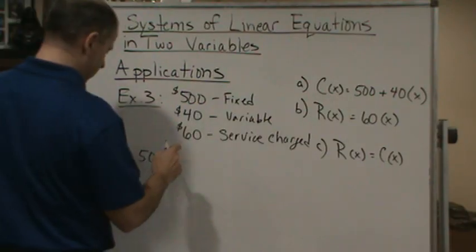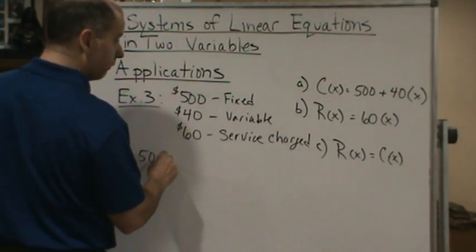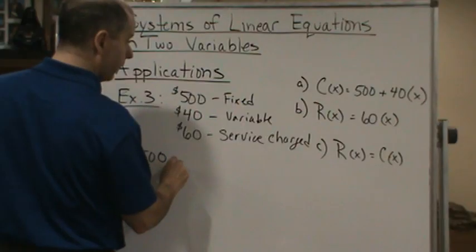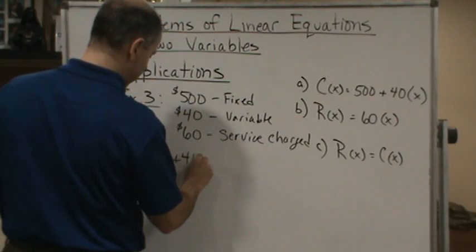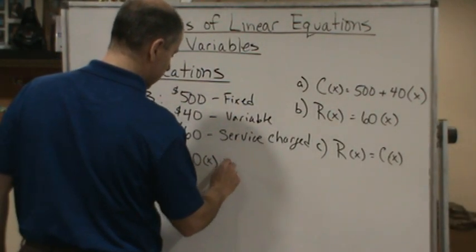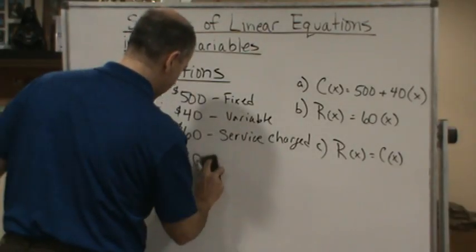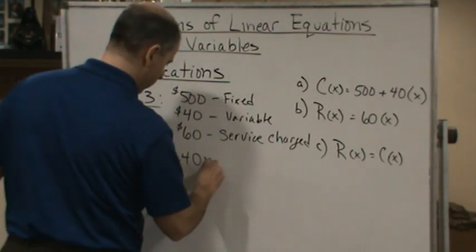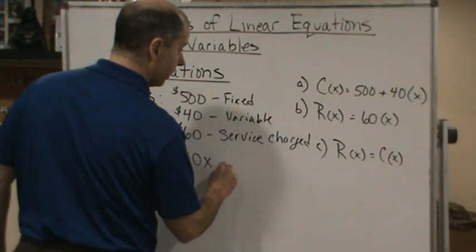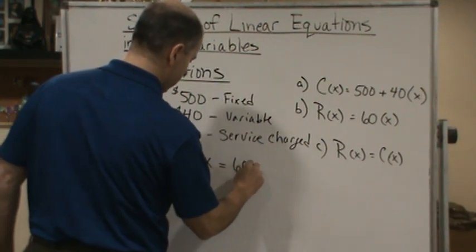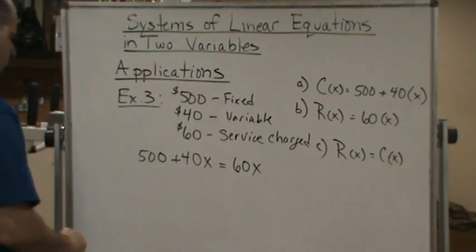So we're going to set them equal to each other, so that's going to be 500 plus 40x equals 60x.